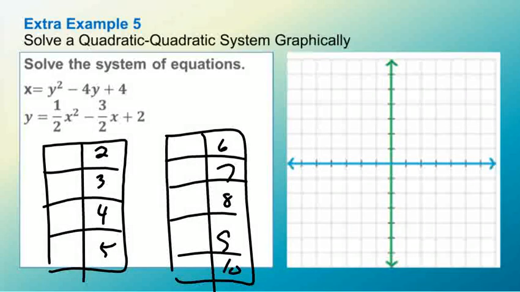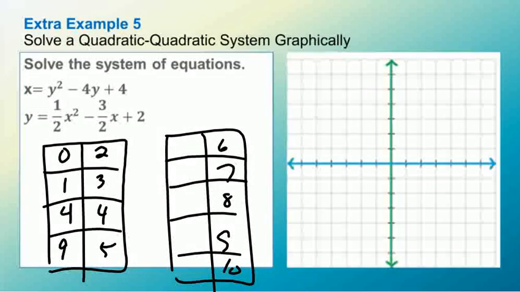So 2 squared is 4. 4 minus 8 plus 4 gives us 0. If we put a 3 in there, that's 9 minus 12 plus 4 gives us 1. 4 squared is 16, minus 16 plus 4 gives us 4. 25 minus 20 plus 4 gives us 9.